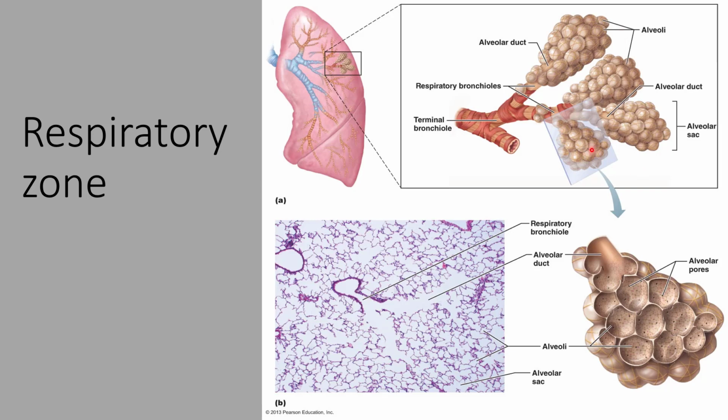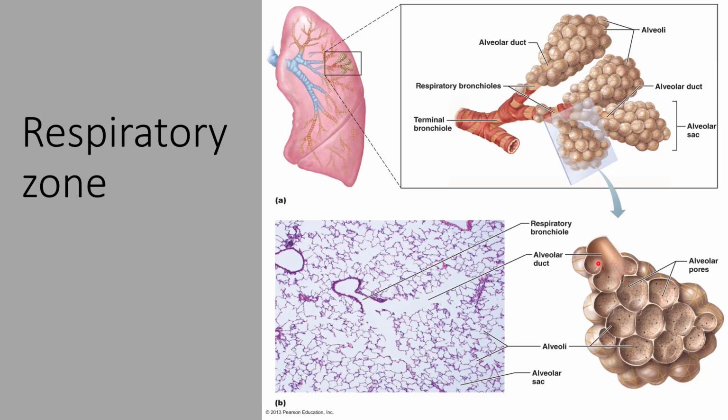If we cut through to see inside, that's what we see down here in the bottom right. Here is that alveolar duct carrying air in. We can see the alveoli are actually connected to each other through these little pores called alveolar pores. Air moves into all of these alveoli and they all expand when we inhale.